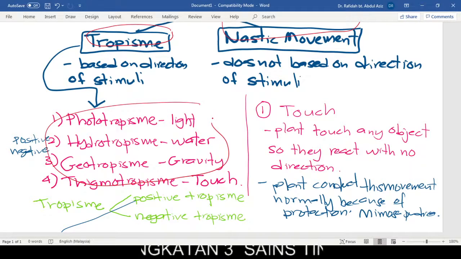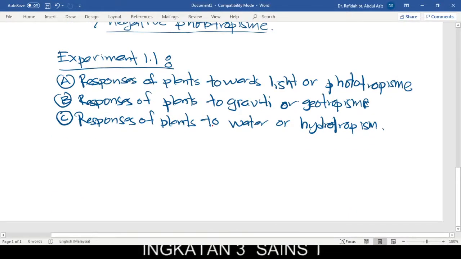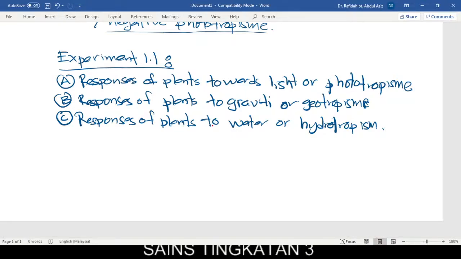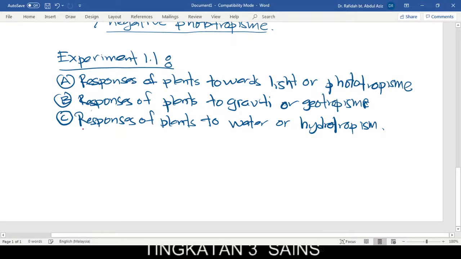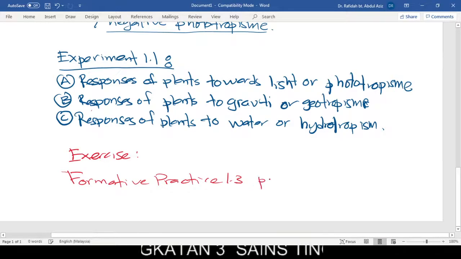Before we dismiss, I want you to do the notes for 1.3 stimuli and responses in plant, and also do the exercise, formative practice 1.3, page 35.